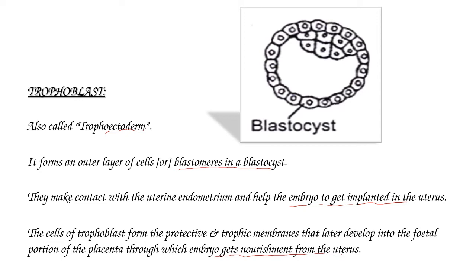Let's see the diagram. The trophoblast is also called trophoectoderm. It is the outer layer of cells of a blastocyst.